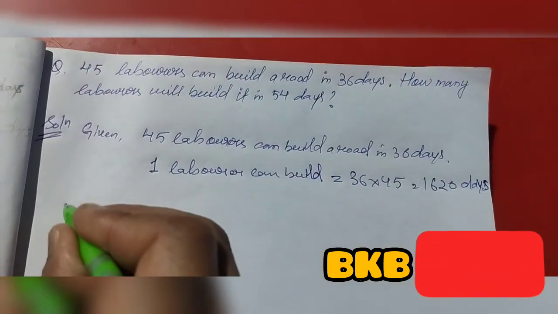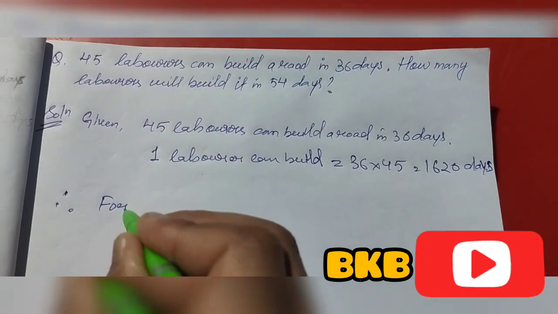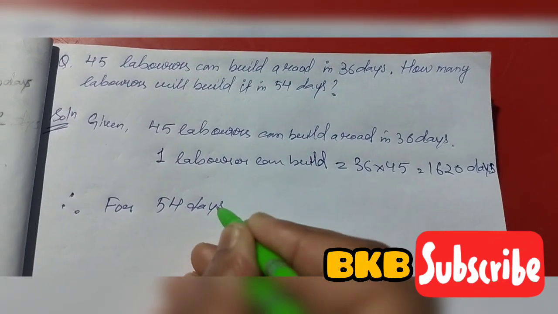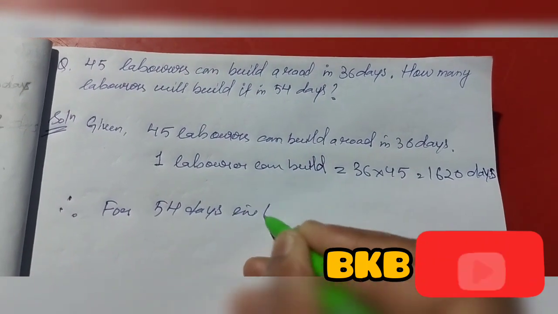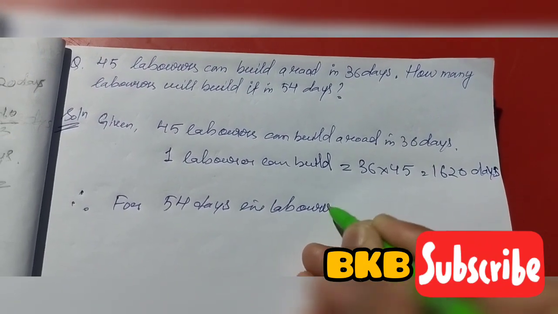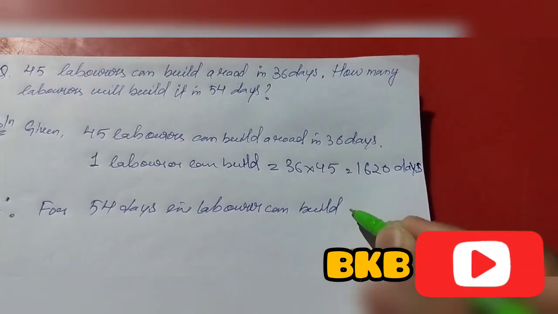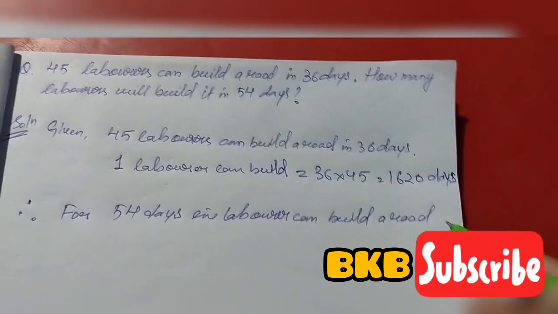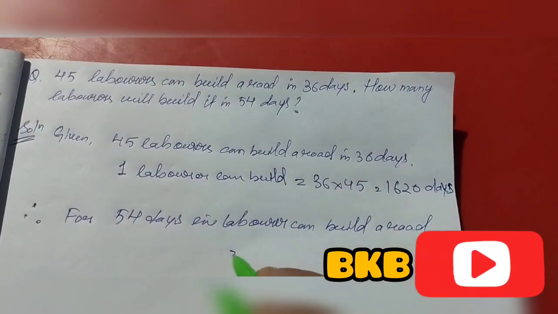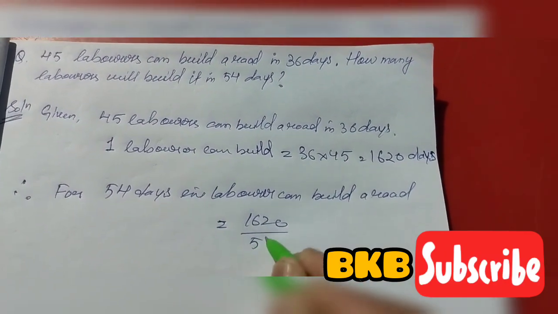So therefore, for 54 days, the laborer can build a road equal to, let's see, 1620 by 54.